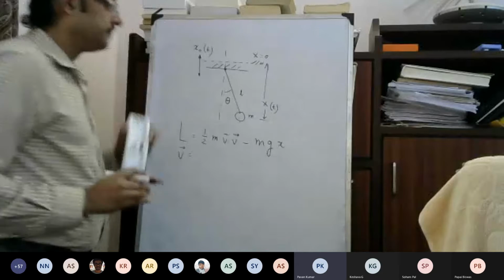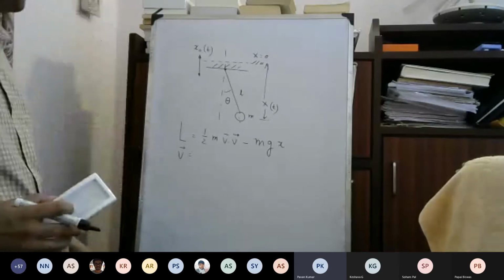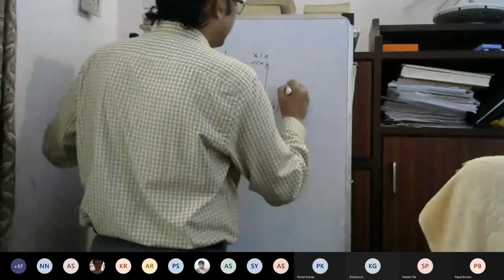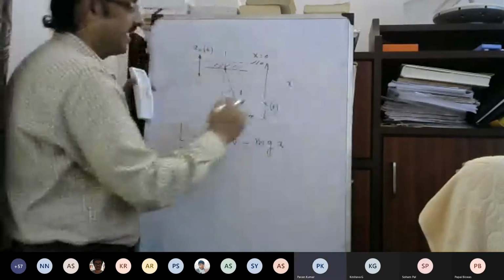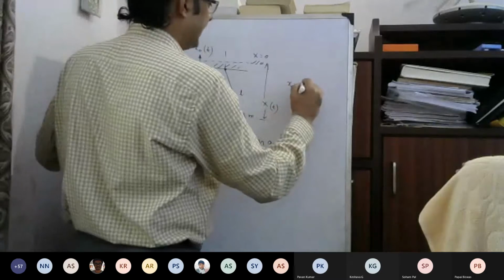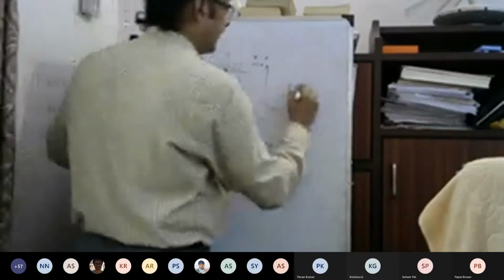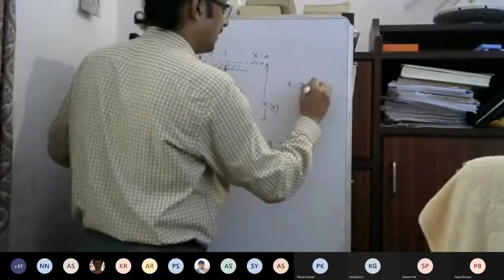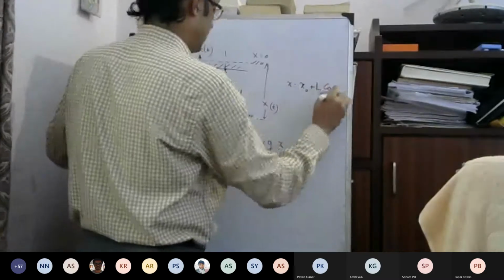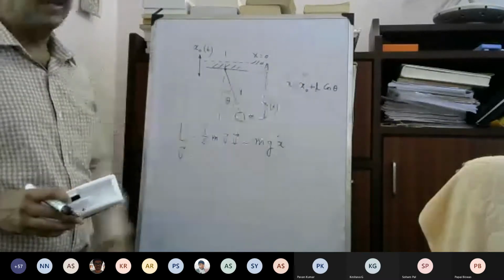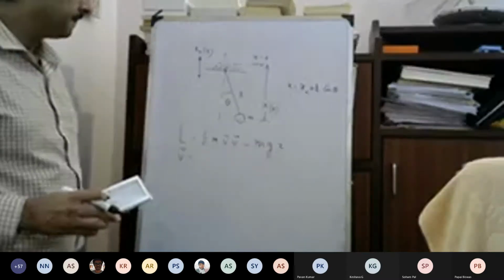Sir, there is no rotating part in theta. I will come to that. I expressed this one, and from the geometry I get x equal to x naught plus L cosine theta.